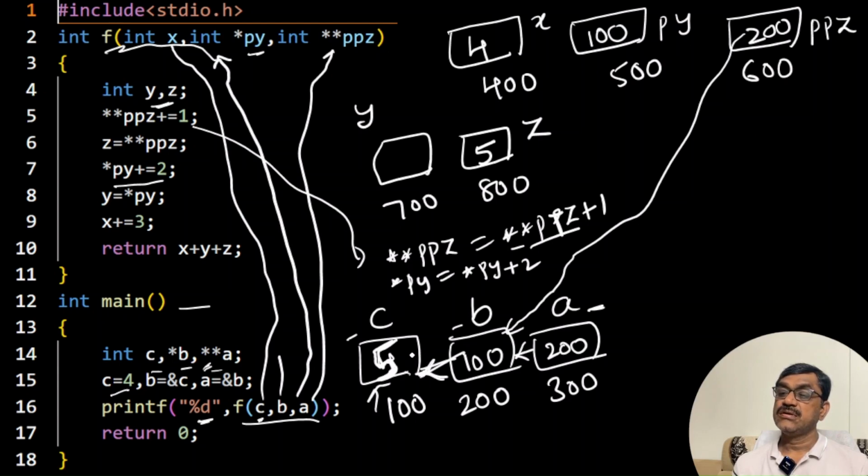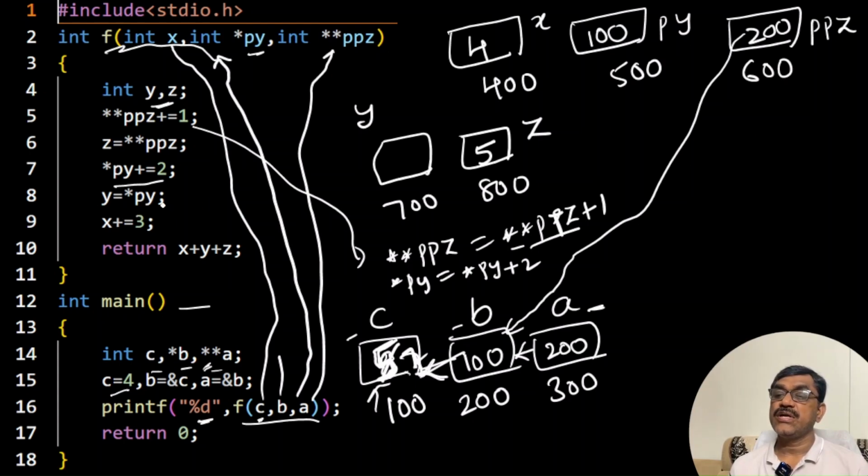See, *py = *py + 2. The py value is 100, star 100, how much? 5. So 5 equals *py plus 2. *py means actually we are referring to 5. Now this becomes 7. Now the value 5 is changed to 7.